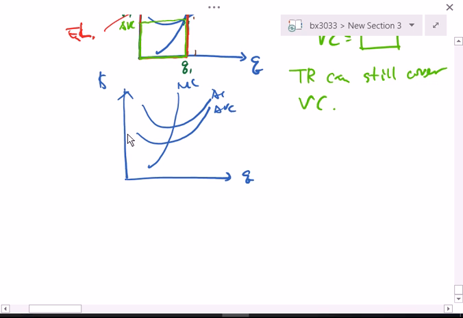So at this point, if the price is at this level, the firm is making a loss, but the total revenue can still cover the variable costs.